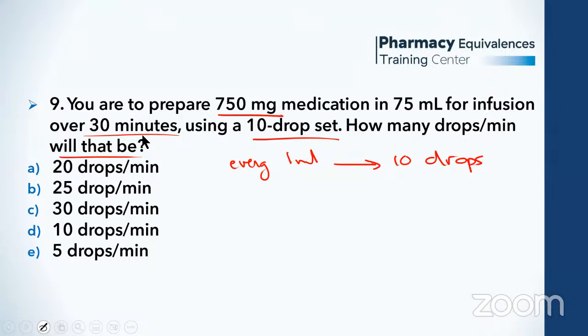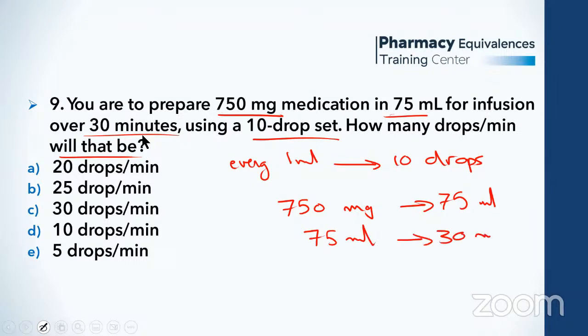Here the drug contains 750 milligrams per 75 milliliter, right? And this 75 milliliter is injected in 30 minutes.